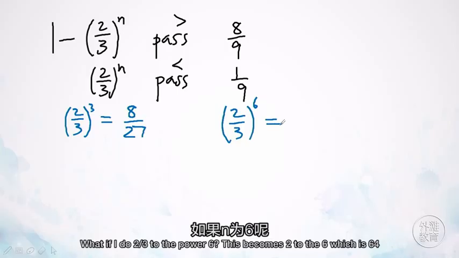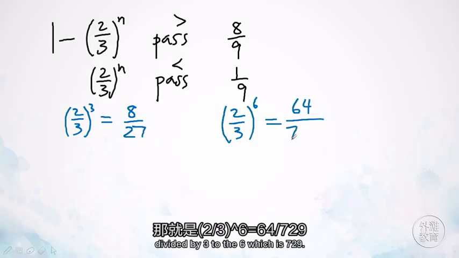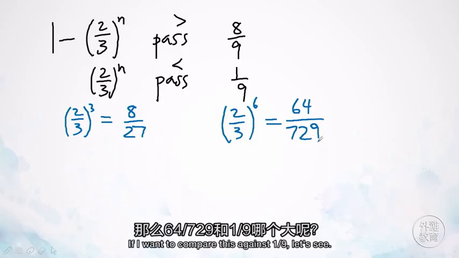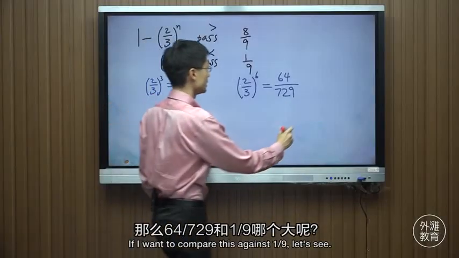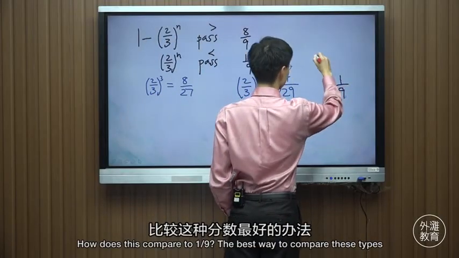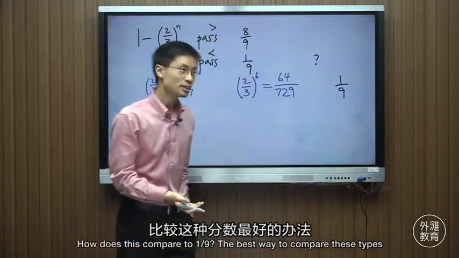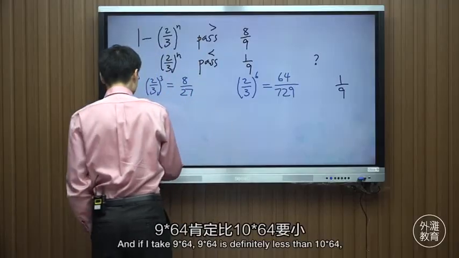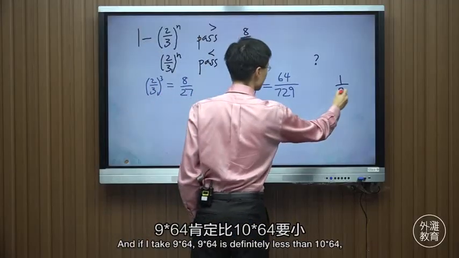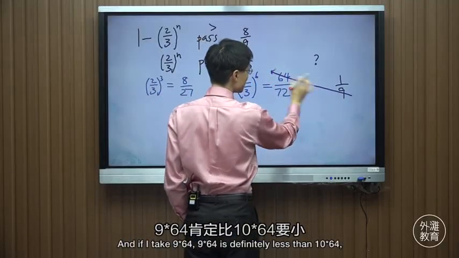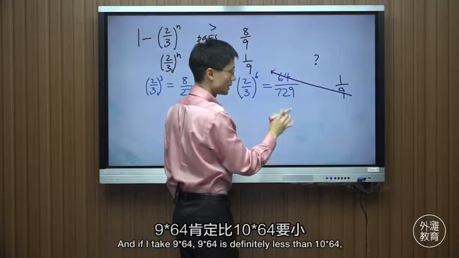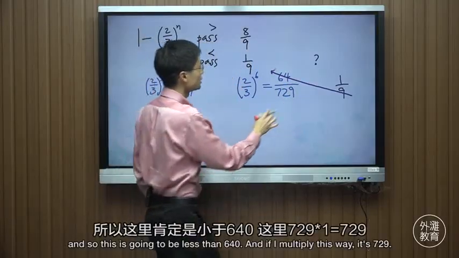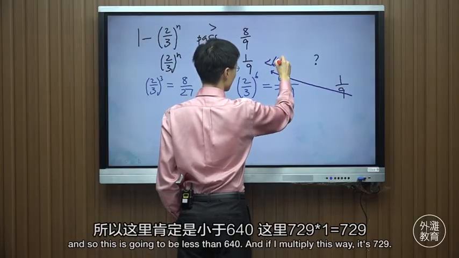This becomes 2 to the 6th, which is 64, divided by 3 to the 6th, which is 729. If I want to compare this against 1 over 9, the best way to compare these types of fractions is to imagine that you multiply across. 9 times 64 is definitely less than 10 times 64, and so this is going to be less than 640.